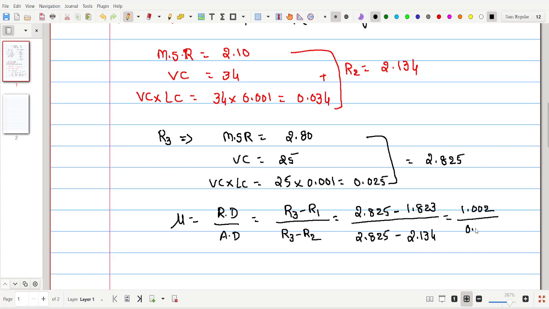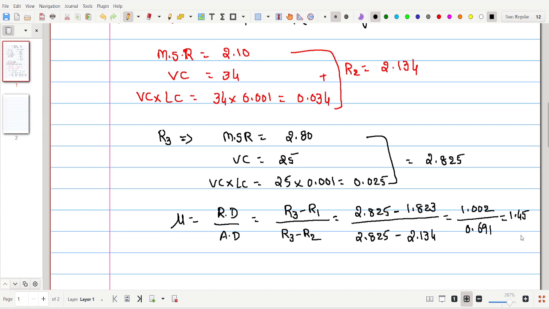That equals 1.002 divided by 0.691, which is approximately 1.45.